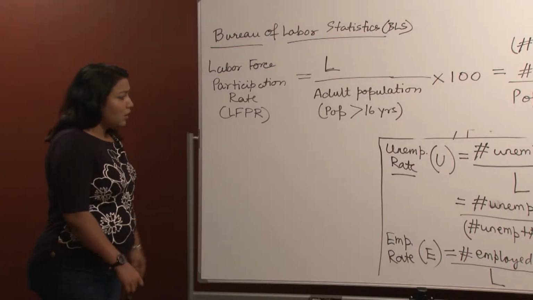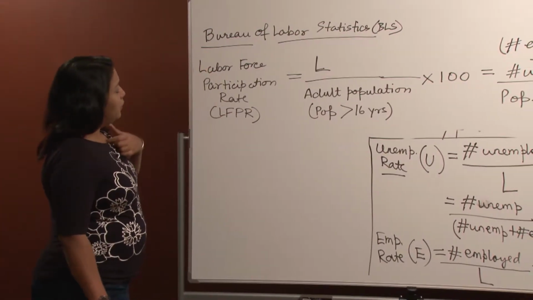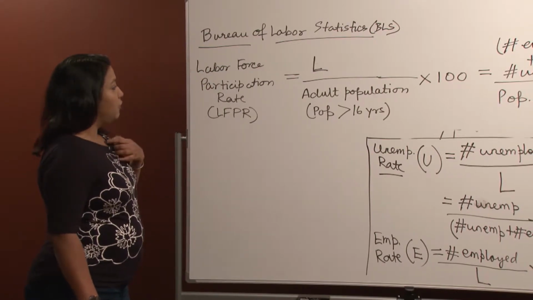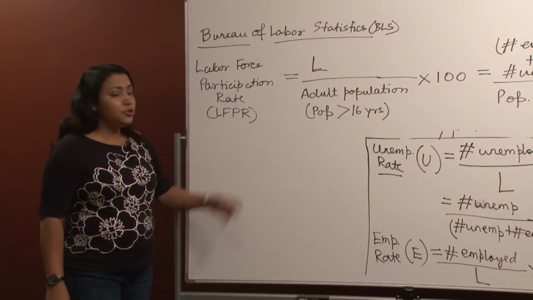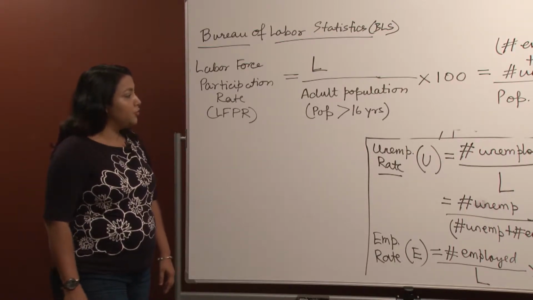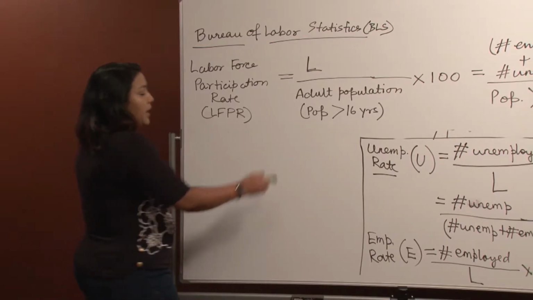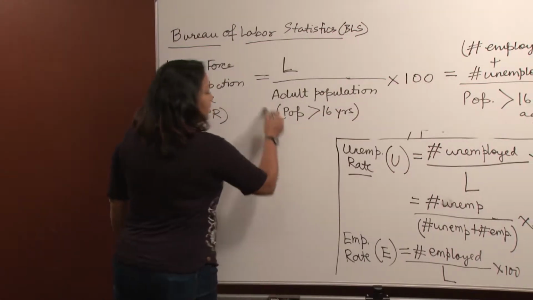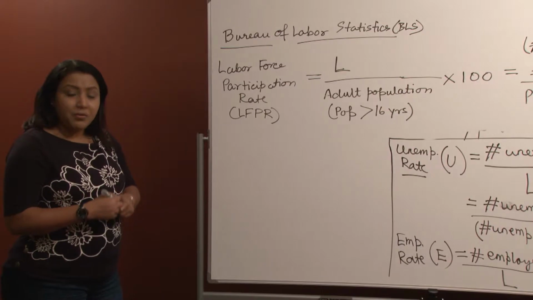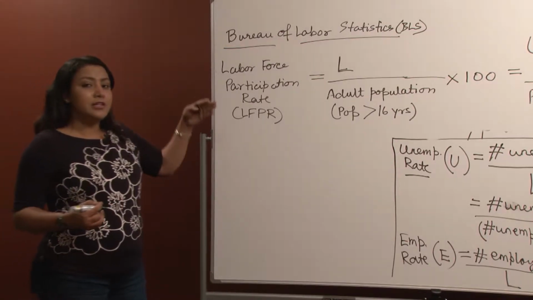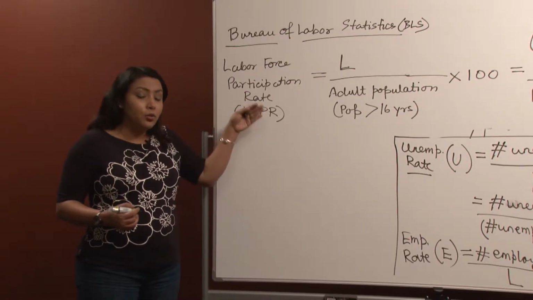Okay. Now, let's spend a few more minutes on the definition of the labor force participation rate. In the definition, it is important to understand whether there are any exclusions in the denominator. Well, the answer is yes, because not everyone above 16 years of age gets included.